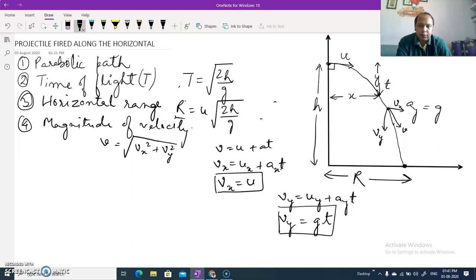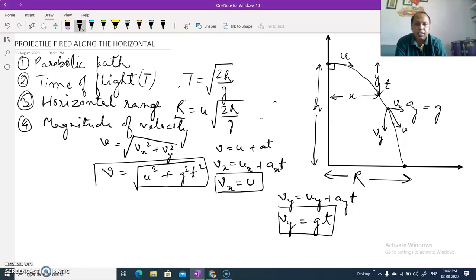So therefore the value of v will be given by root over vx square, that is u square, plus vy square, which is g square t square. So this is the magnitude of velocity that we can consider at any point of the path.